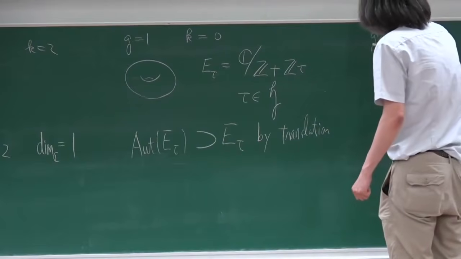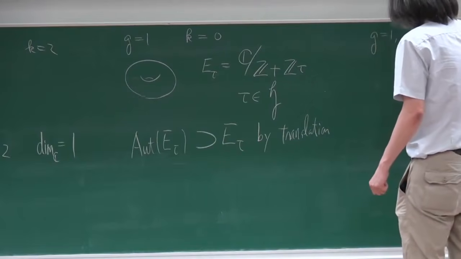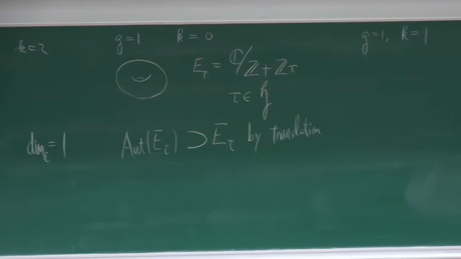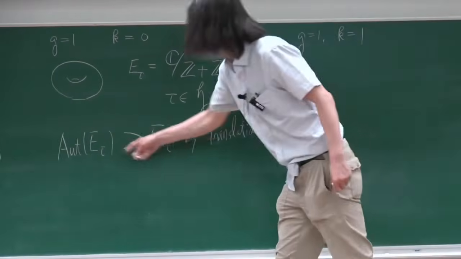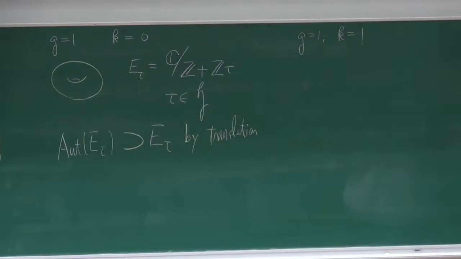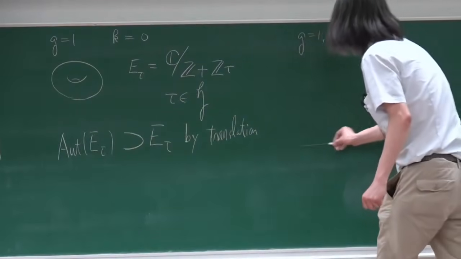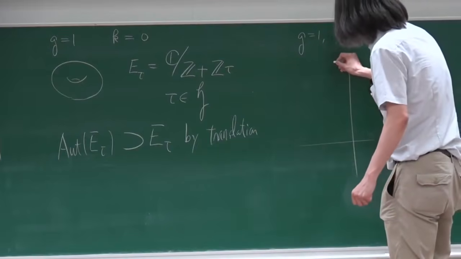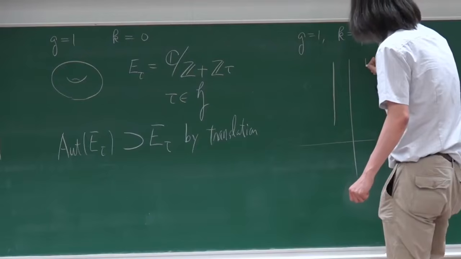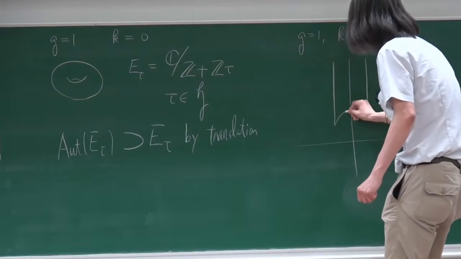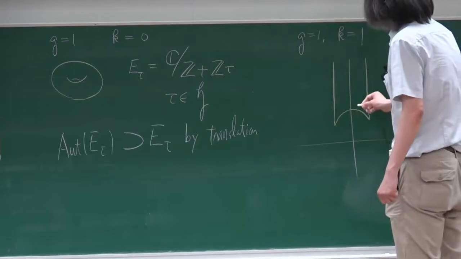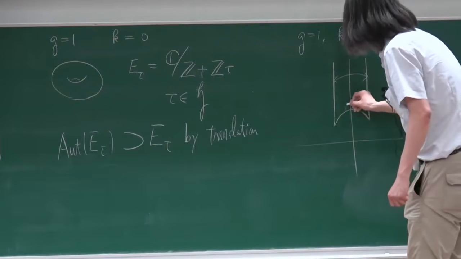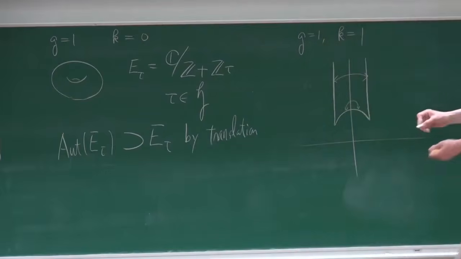And if g equal to 1 and k equal to 1, then you have one point on the elliptic curve, and then you can kill most of the automorphisms. And then you have a very famous picture, like this. These two are identified, and these are also identified.